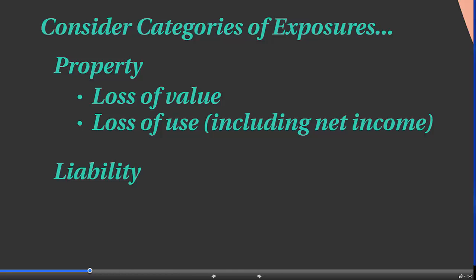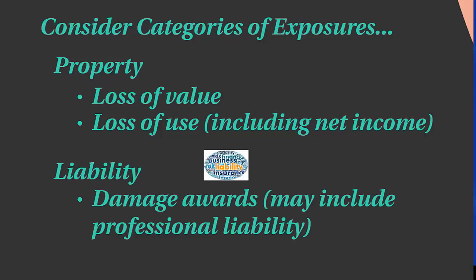The next category is liability. This is damage awards, such as bodily injury or property damage. This is third-party losses because you're legally liable to somebody else for your own actions, usually because of your negligence or an organization's negligence.